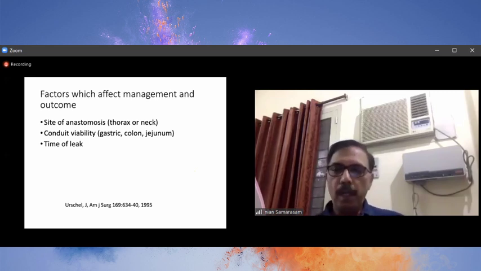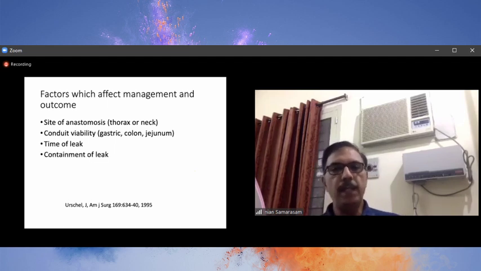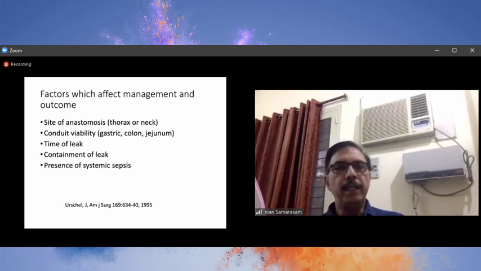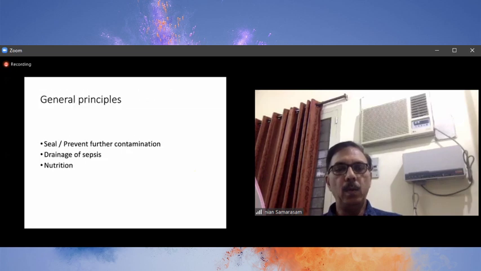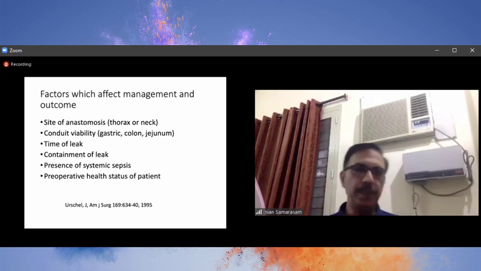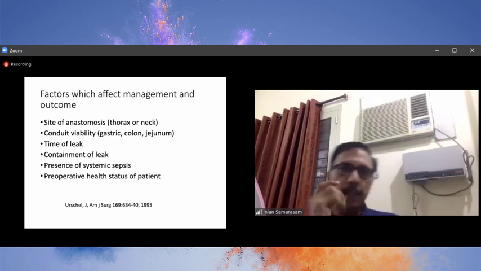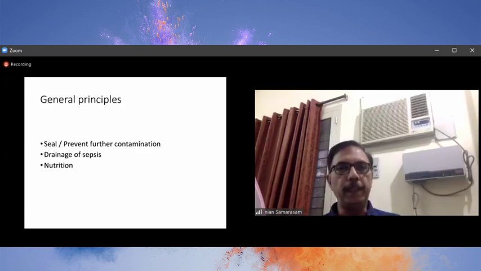It also depends on the time of the leak, how the ultimate results will be. Whether the leak is contained or not, whether there is systemic sepsis, how healthy the patient is, and whether they are nutritionally depleted as well. So these are the main factors which affect the outcome of the anastomotic leak.